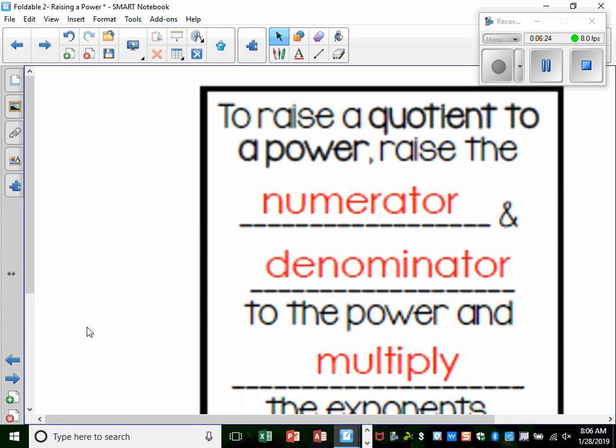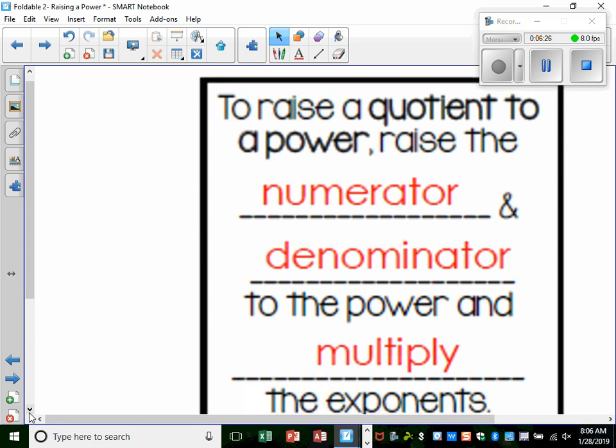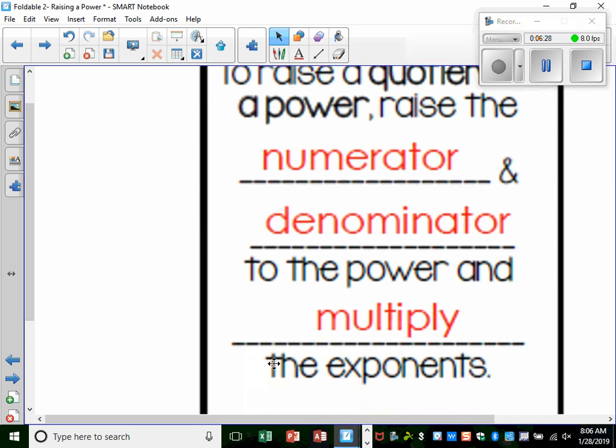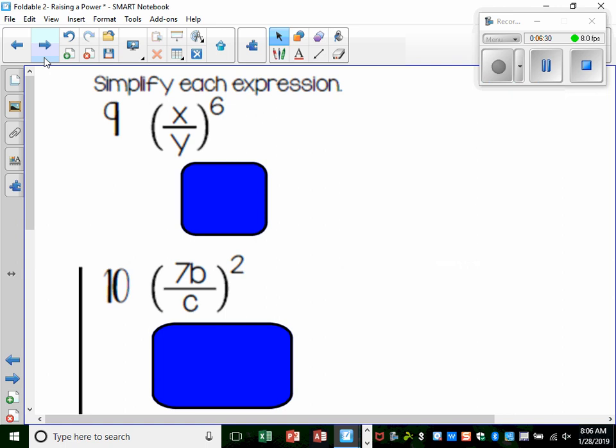You have to multiply those exponents. Okay, top and bottom. So here we go. Again, keep in mind, every variable and every number has an exponent. So these are like ones.